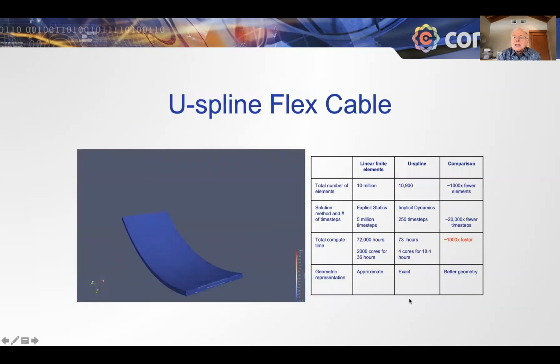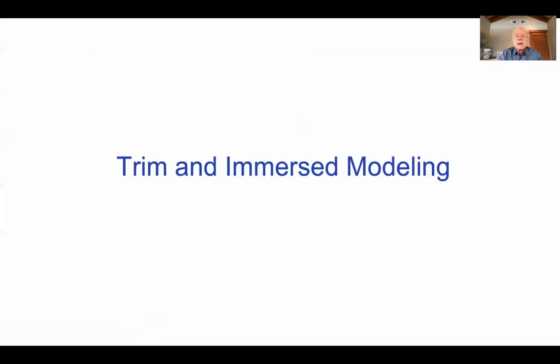The upshot is everything is smaller and faster. In the end, you can solve these problems about 1,000 times faster. This took 73 core hours, and this took 72,000 core hours. And you even have a more accurate result and better geometry.